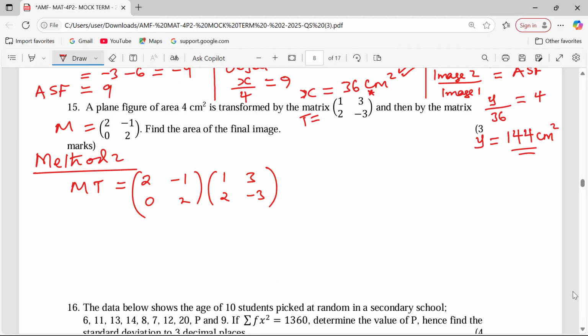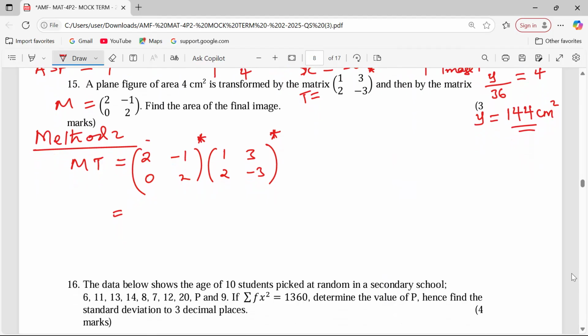From this, understand that this is what was performed first, then later this one. But in the writing, we begin by the one which was performed last. So when we get the product of the two matrices, we will have one matrix that represents the two of them during a transformation.